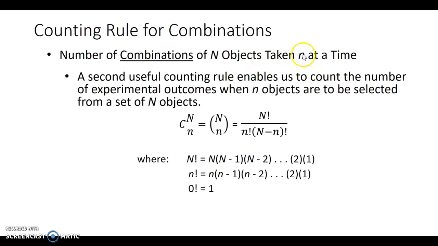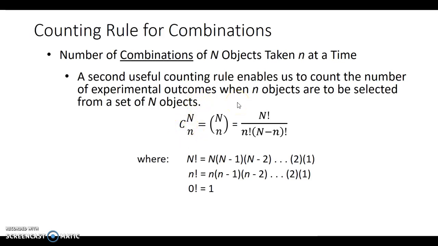So 2 objects taken at a time out of 10 shirts. Now, the formula for this is written down here. Oftentimes, we'll say 10 objects, select 2.